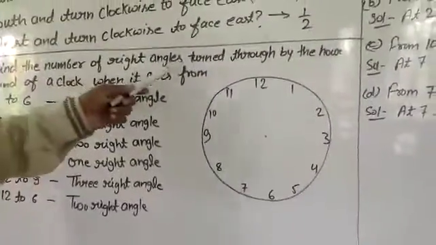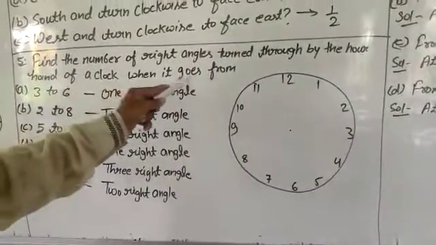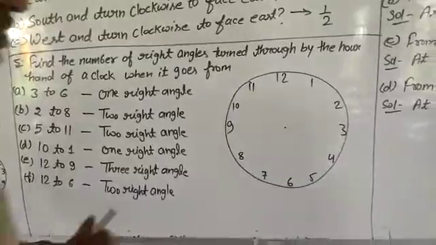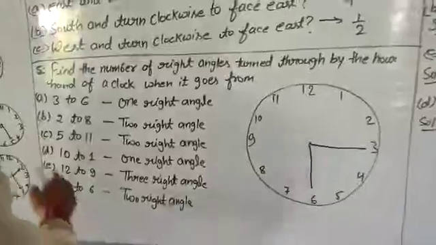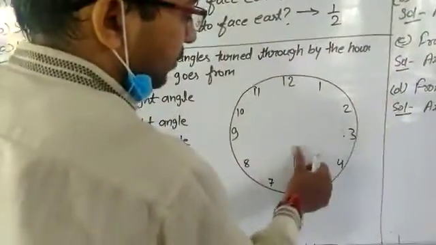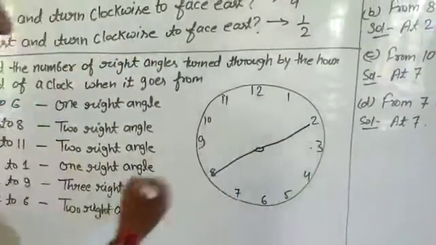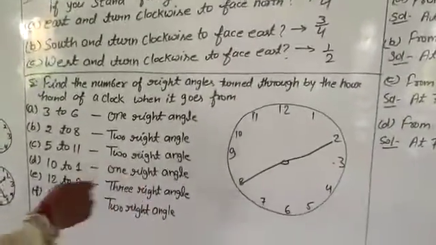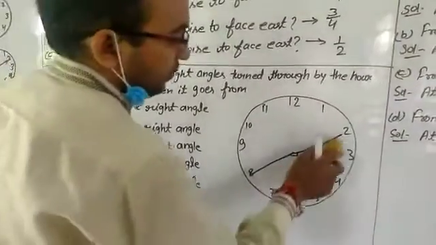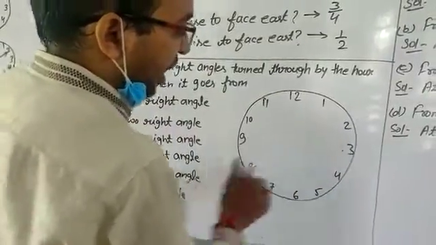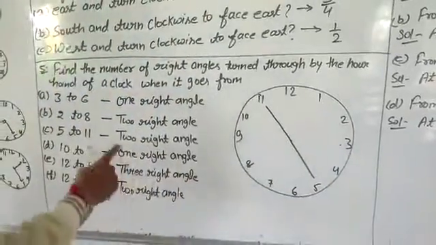Question number 5. Find the number of right angles turned through by the hand of a clock when it goes from 3 to 6. That is 1 right angle, 90 degrees. Second, 2 to 8, that is 180 degrees, two right angles. Now part C, 5 to 11 is again two right angles.